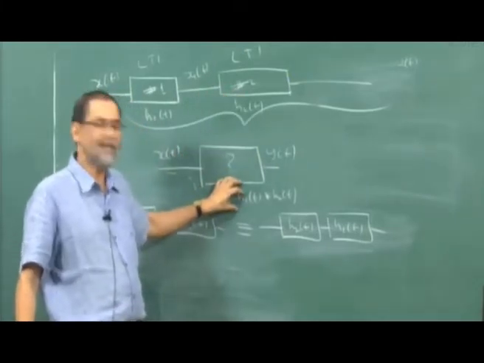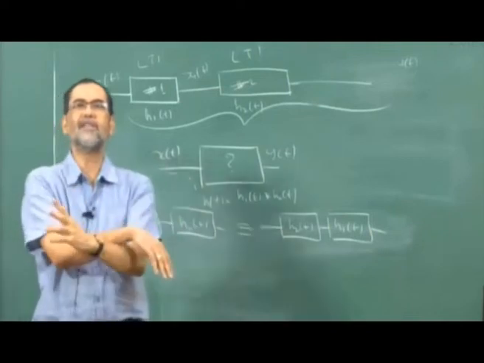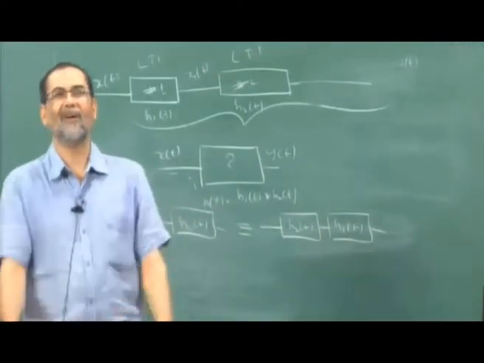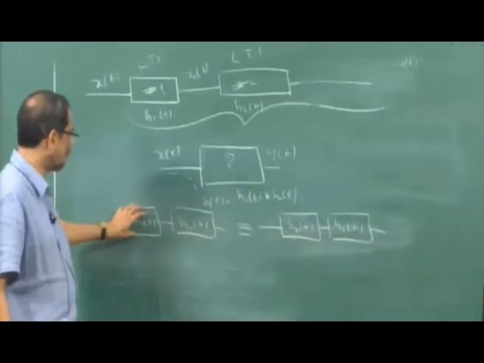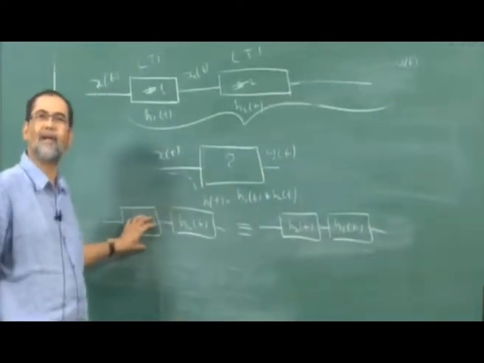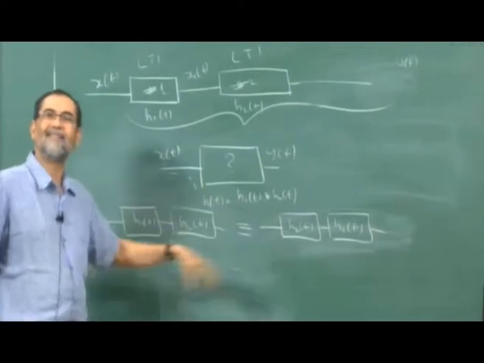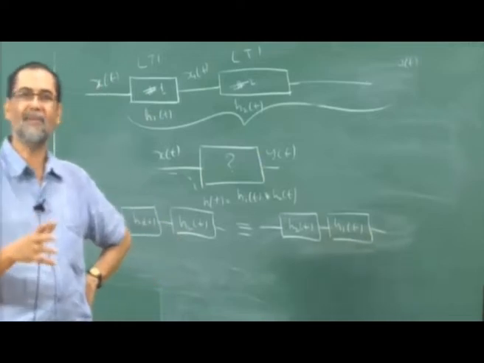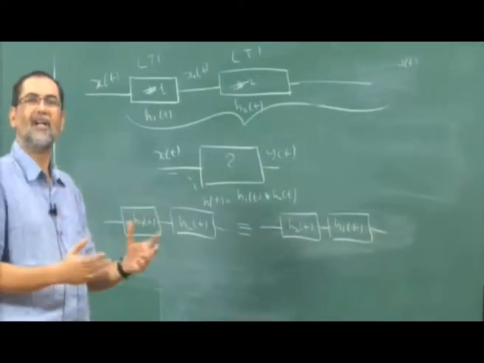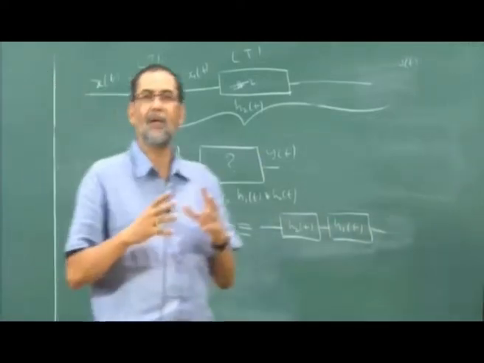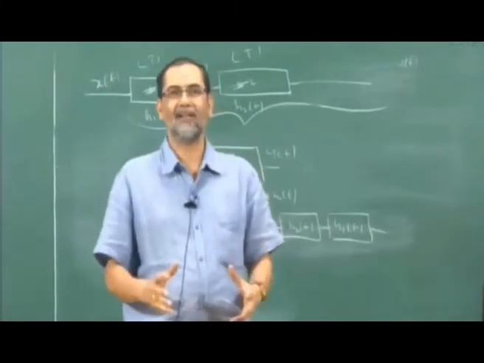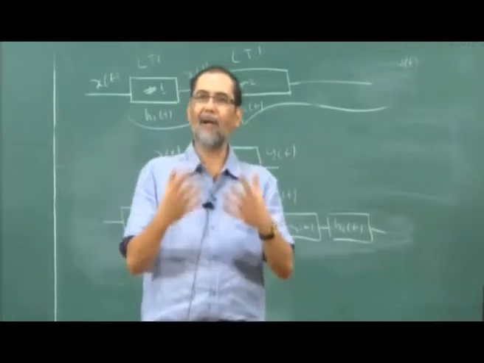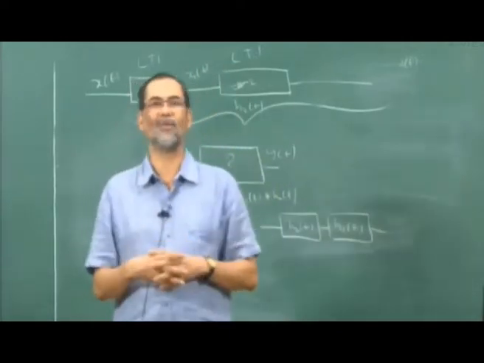Sometimes reversing the order makes it extremely simple to analyze, rather than a system where it goes through a more complicated impulse response first and maybe a less complicated impulse response next. That would be a complex system, whereas if you reverse the order, it is simpler. So LTI systems give you immense flexibility in analyzing, in building, in designing, in testing and so on.